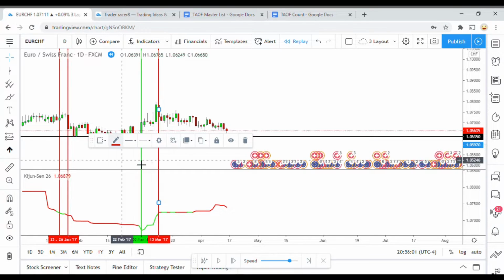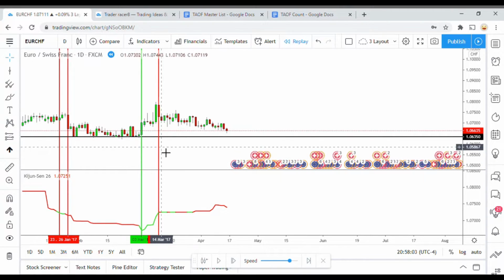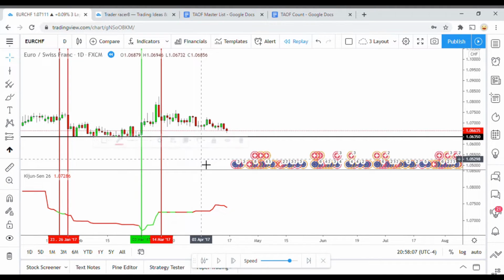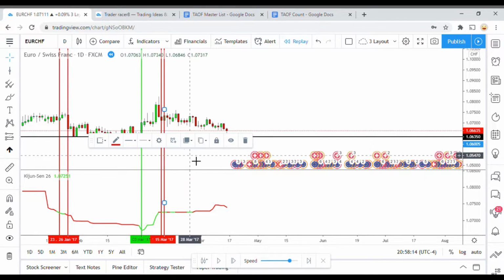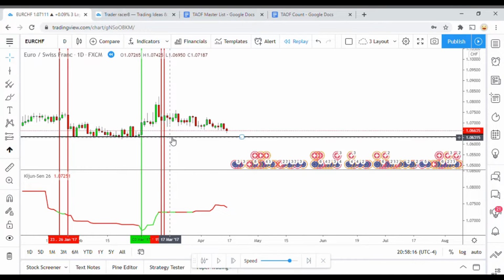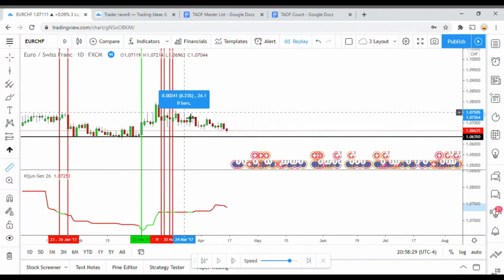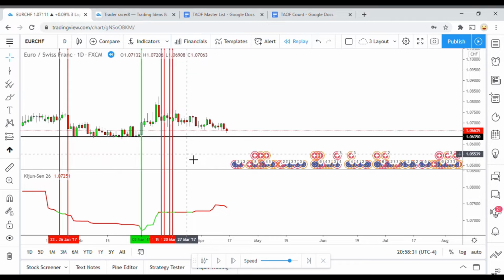All right, so our indicator here threw a red signal right there. That would have stopped us out, because then almost immediately it throws a green long signal. Then almost immediately it throws another short signal. Then almost immediately it throws another long signal.